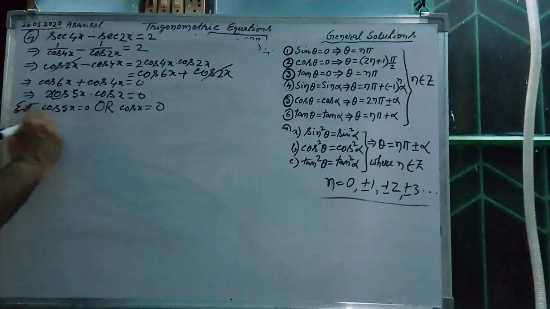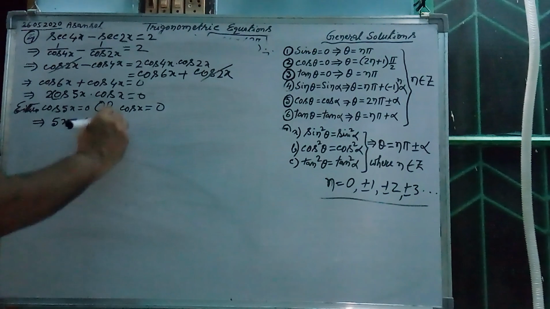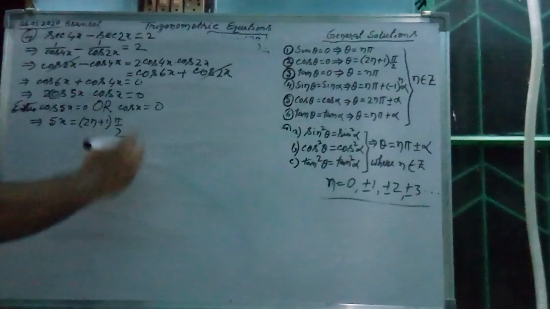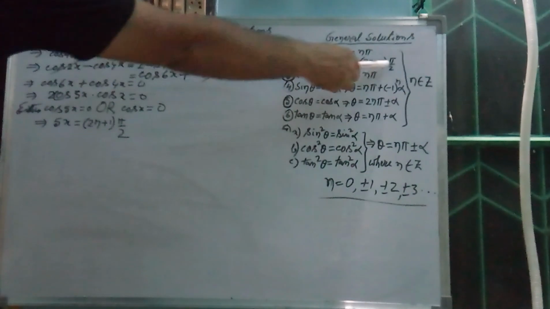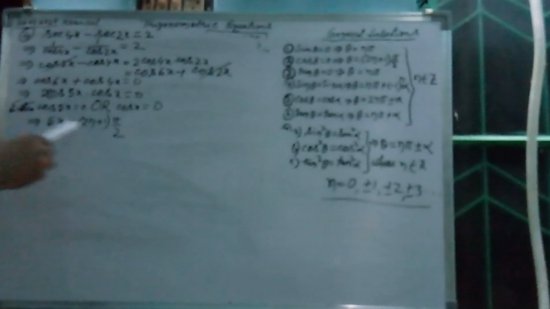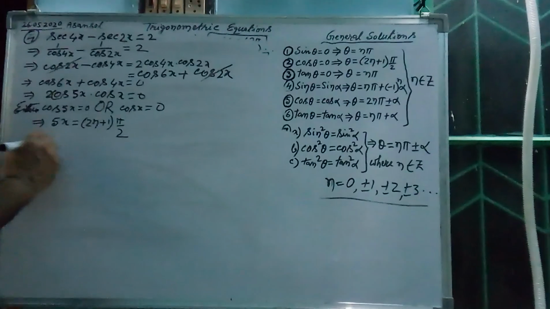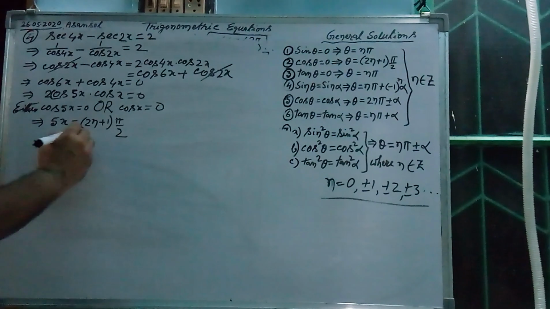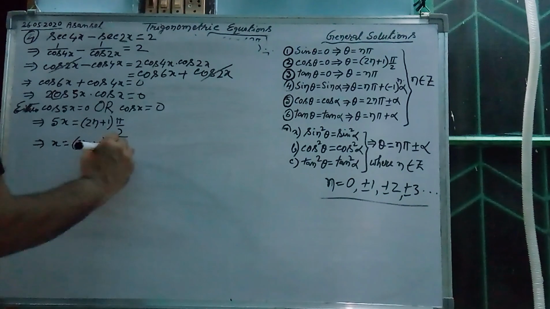This implies 5x is equal to (2n plus 1) pi by 2. How? If cos theta is equal to 0, theta is equal to (2n plus 1) pi by 2. So if cos 5x is equal to 0, 5x is equal to (2n plus 1) pi by 2, implies x is equal to (2n plus 1) pi by 10.